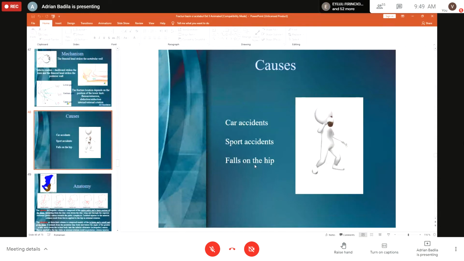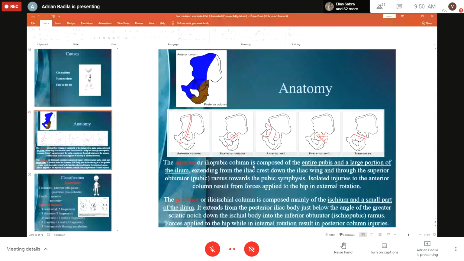The main causes of the fractures of the acetabulum are car accidents, sport accidents, and falls on the hip. We have two columns, the anterior column, which is here in blue, and the posterior column, which is in brown.